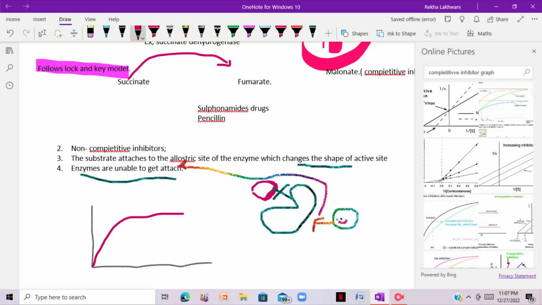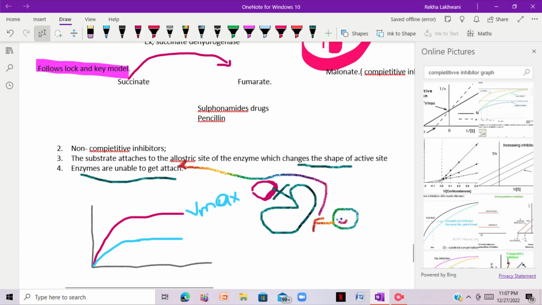So they are known as irreversible inhibitors because they can't be reversed. Basically, non-competitive inhibitors can be reversible and irreversible.